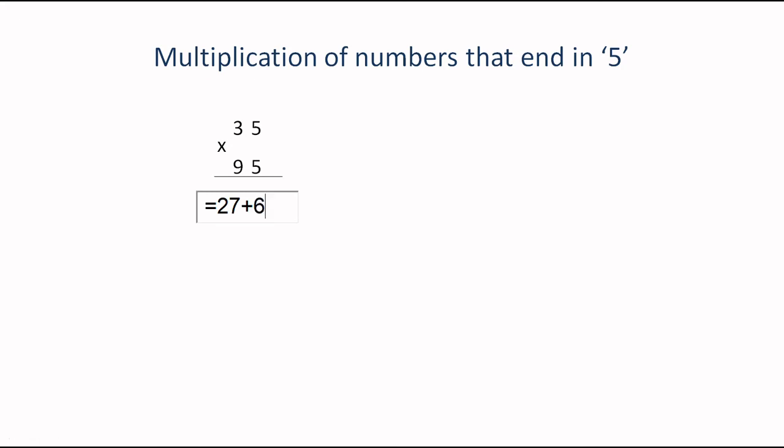So first perform this addition. 27 plus 6 is 33. This is the first part of the result, and as we have got remainder 0, we will just put down 25 after this. This will give the entire product of these two numbers.